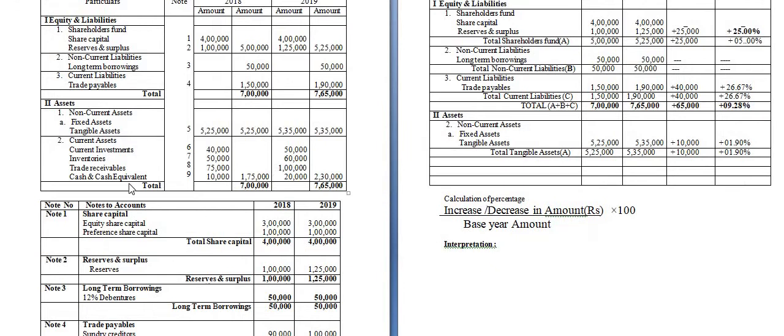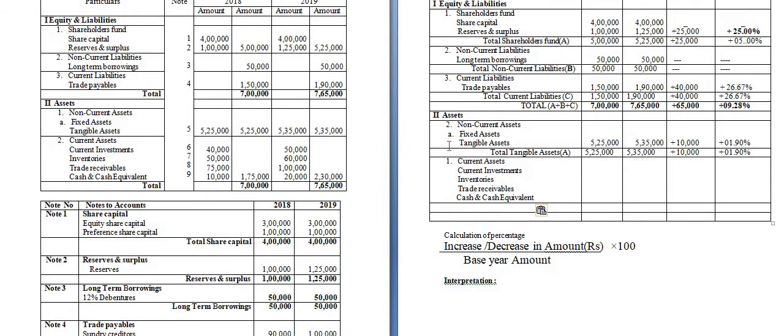After tangible assets, the next one is current assets. So write here the heading current assets. In current assets we have current investments, inventories, trade receivables, cash and cash equivalents.